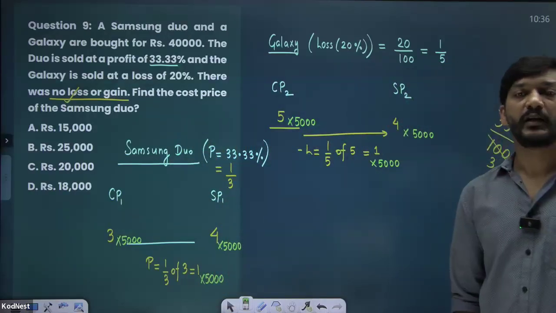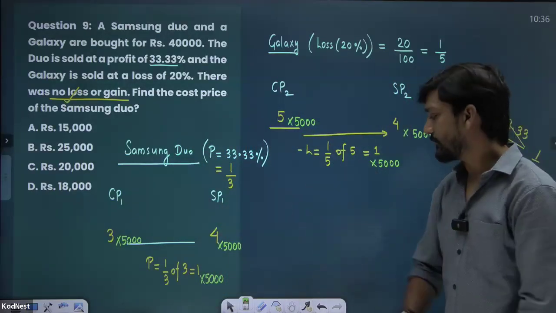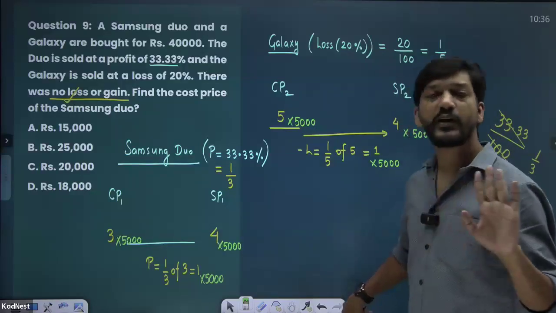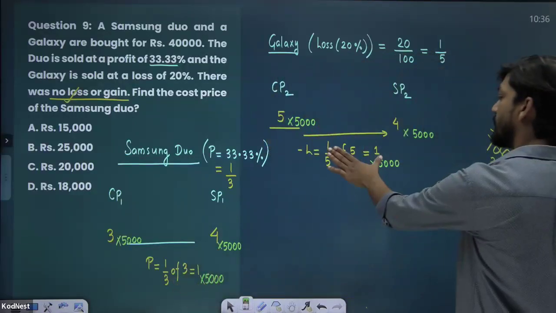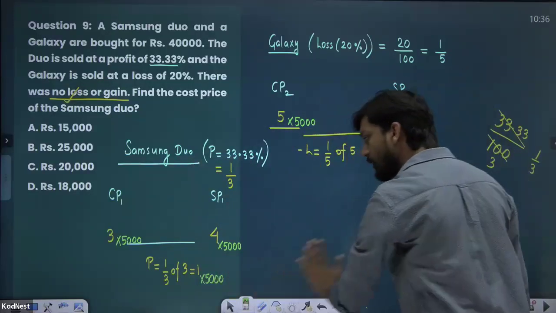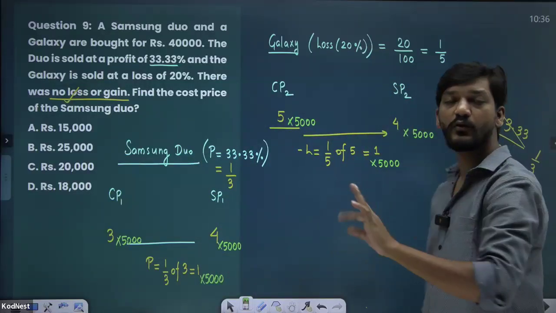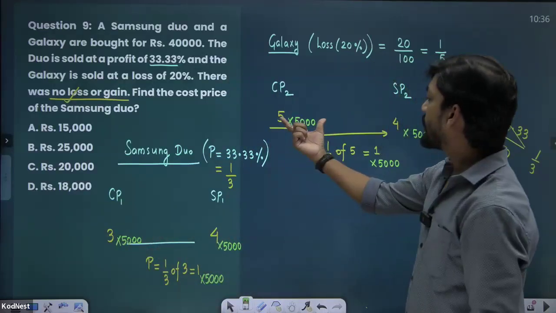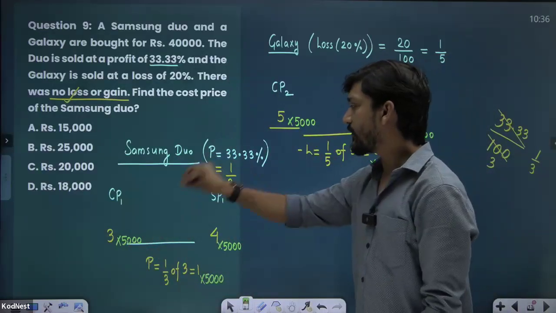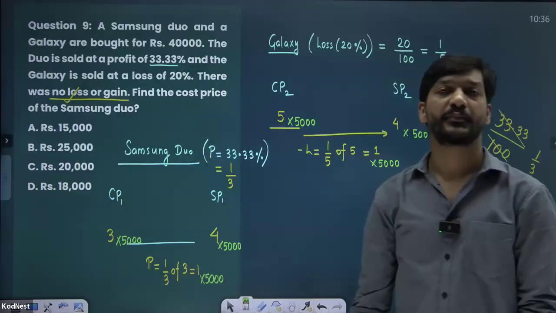All right. So your question is done. Now you can check everything. My dear, profit is 5,000, loss is 5,000. So overall, there is no profit, no loss. If you see now 15,000, 25,000. So overall cost price will come out as 40,000.